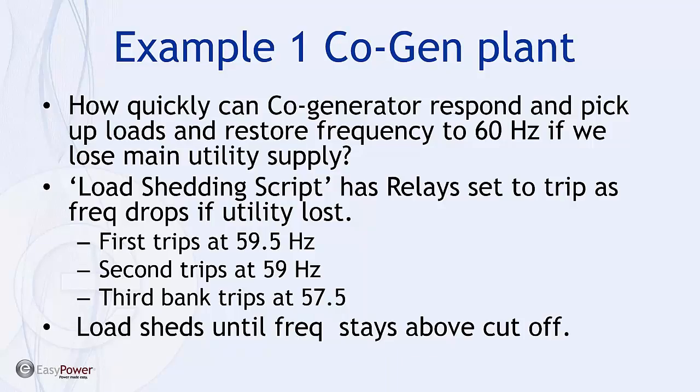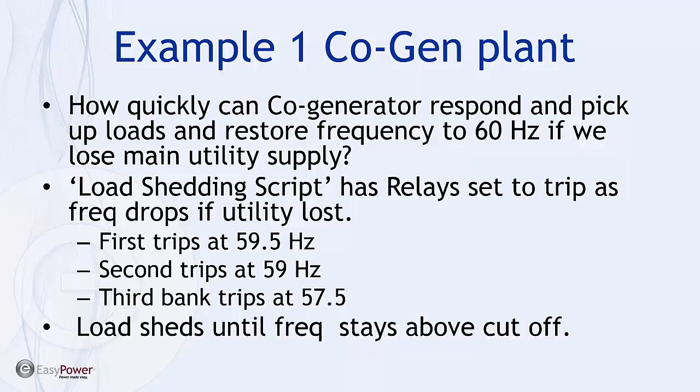So what we've developed is a load shedding script, which has frequency relays, or relays that respond to specific set points of frequency, and as the frequency drops, then we're going to shed or disable certain feeders such that there's less load on the cogeneration generator, and see how quickly it can respond to the frequency, restoring the frequency to 60 hertz.